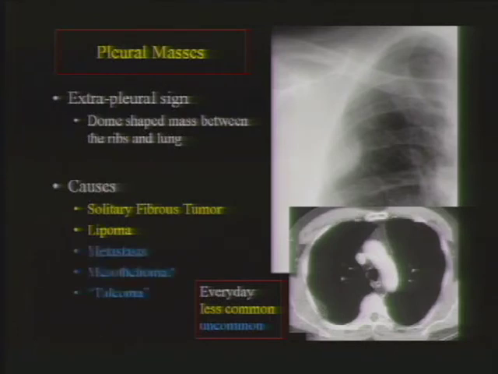Rare causes of pleural masses include metastasis, mesothelioma, maybe. I'll show you an example of mesothelioma. And as we saw in the panel that they did on Saturday or Sunday, talcomas can also occasionally cause that. Collections of talc will sometimes appear as a mass.